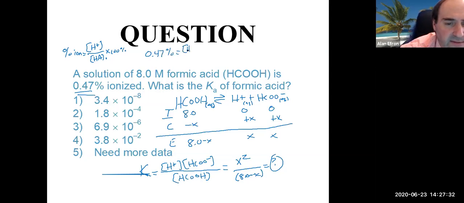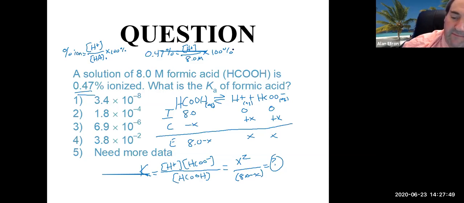We don't know what the H plus concentration is, but we do know that the initial concentration was 8 molar times 100%. So we're going to multiply the 8 over to the other side.